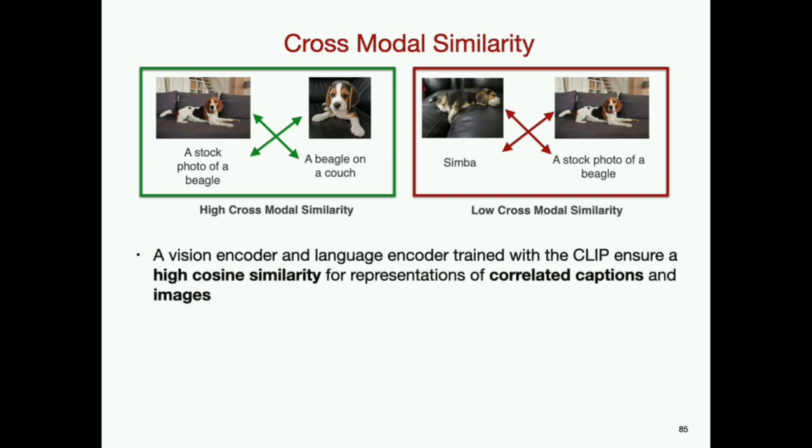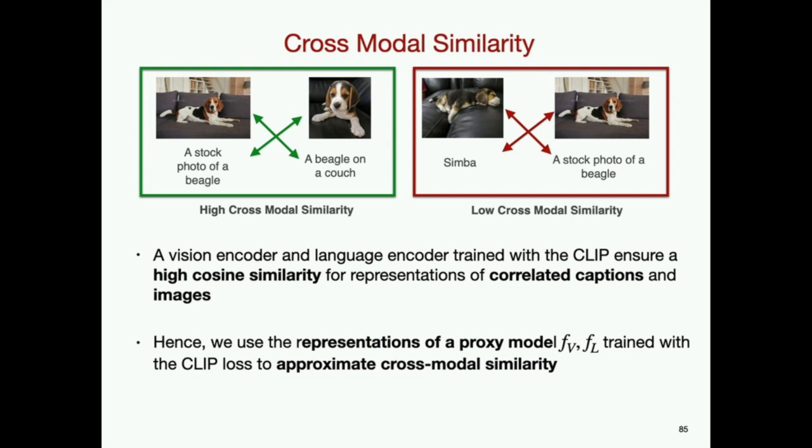So now, similar to the previous case, we have to find a way to approximate this tractably. And we can use the intuition that a vision and language encoder that are trained with the CLIP loss are automatically going to ensure that you have high cosine similarity for representations of correlated captions and images.